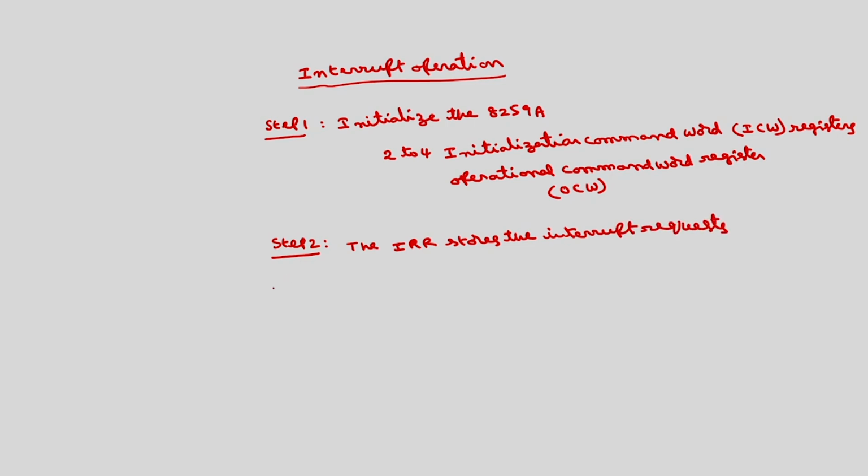The next step is the priority resolver. So, we have 3 registers in order. This is IRR, this is the priority resolver, PR. Then we have ISR, the in-service register.